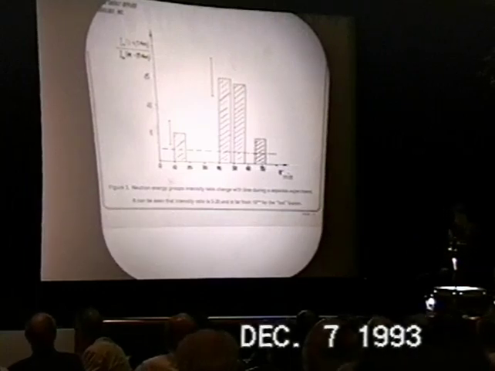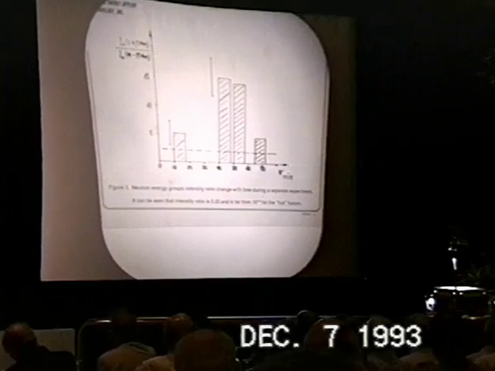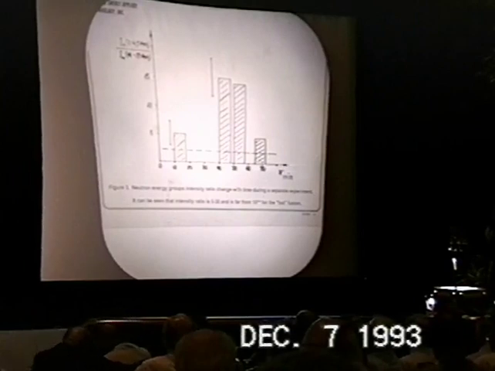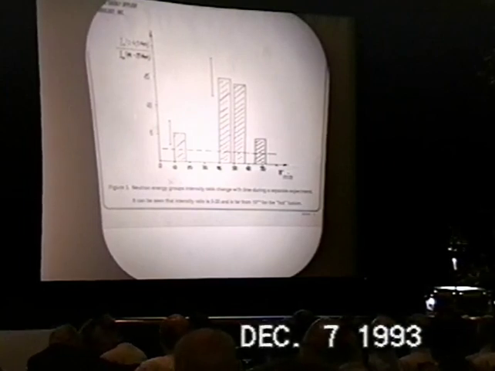The intensity ratio of the high energy group of neutrons to the low energy group of neutrons. If you consider this to be one group of neutrons, this is another group of neutrons.